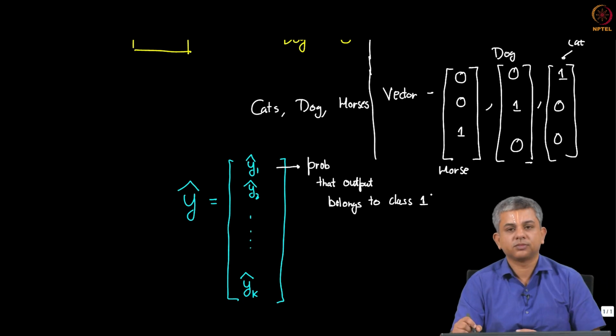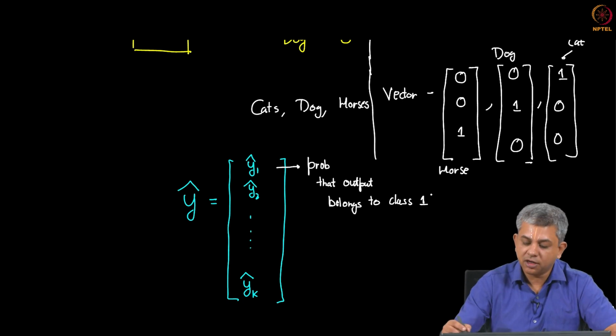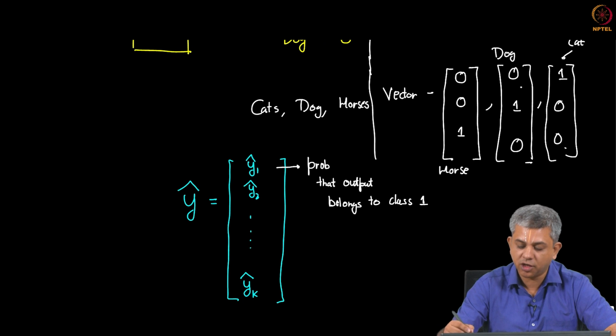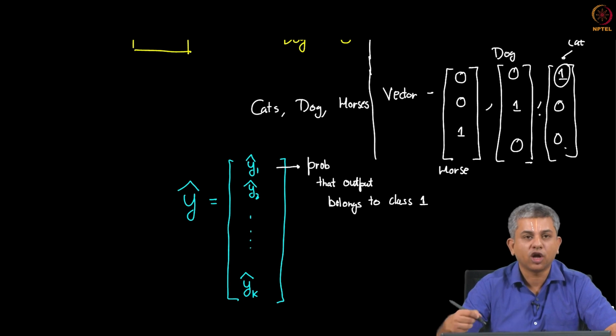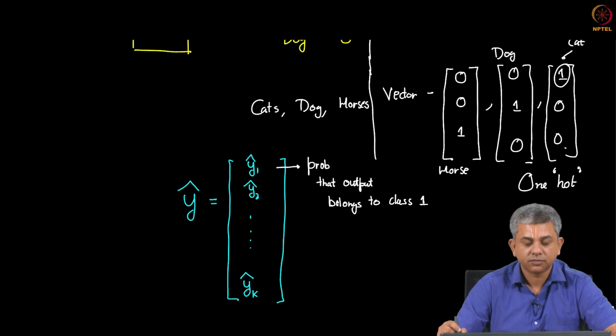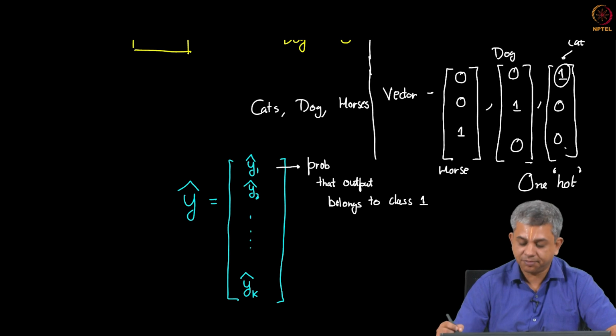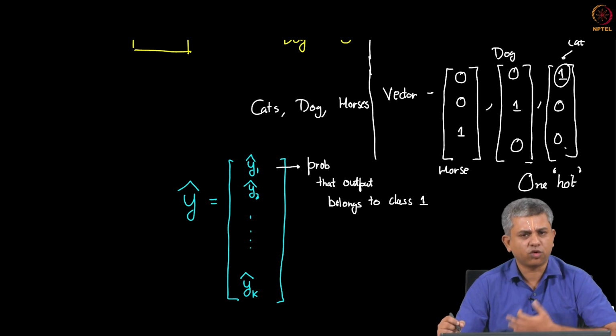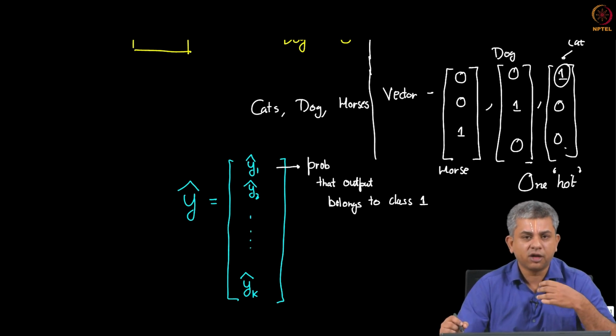Now, my ideal output would be simply 1 0 0, 0 1 0 or 0 0 1, which is why it is called one hot, that is only one element is 1, all the others are 0. All the others effectively are cold. However, we know through logistic regression that we are not going to get precisely 0 or 1, we will get some number.